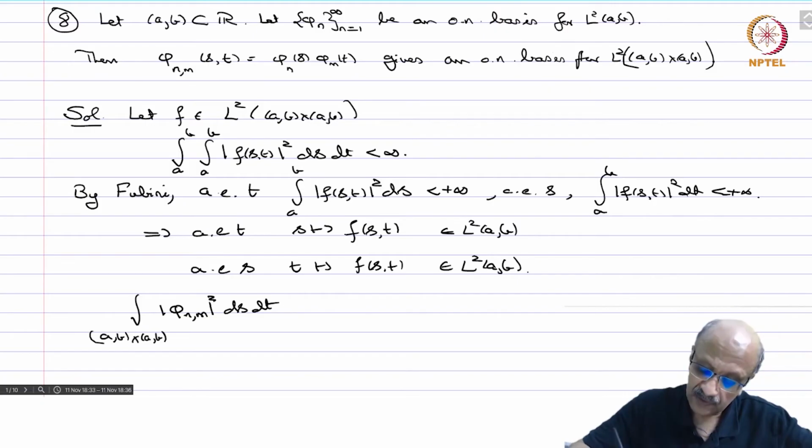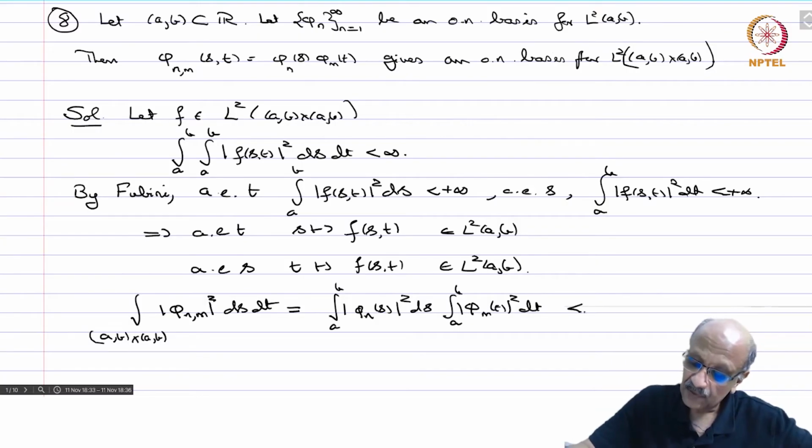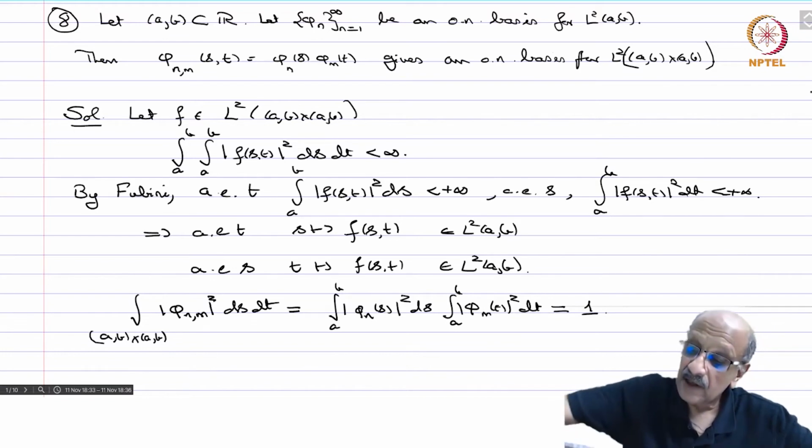Since the variables are separated, this just breaks up into two integrals, A to B mod phi n(s) square ds times integral A to B phi m(t) square dt. And that is of course not only finite, but each is given to be equal to 1, and therefore this is equal to 1.